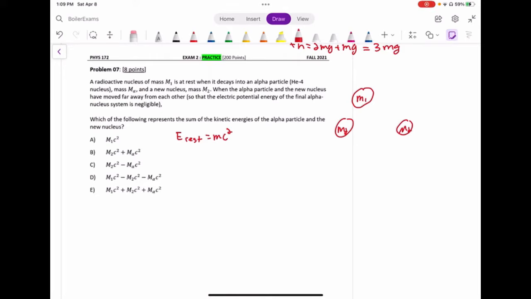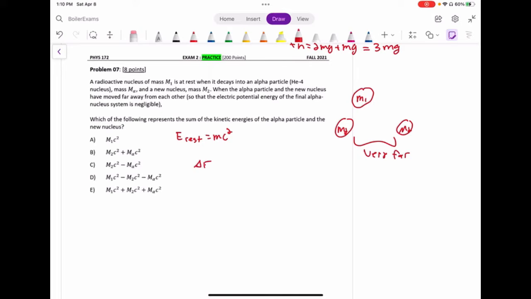And eventually they move far away from each other so that they're not interacting. So, let's just say very far. Whenever something's very far away, they just mean the electric potential energy is going to be completely zero.